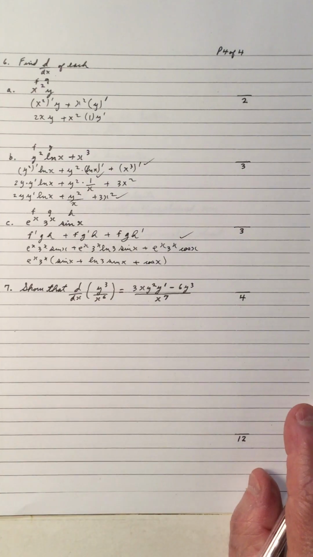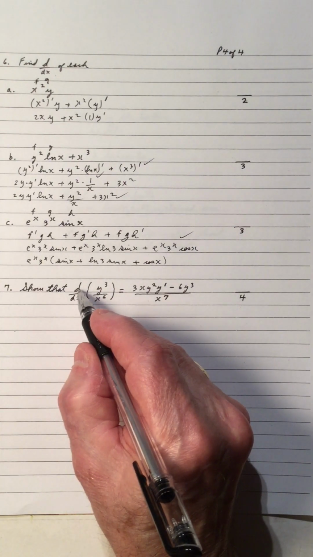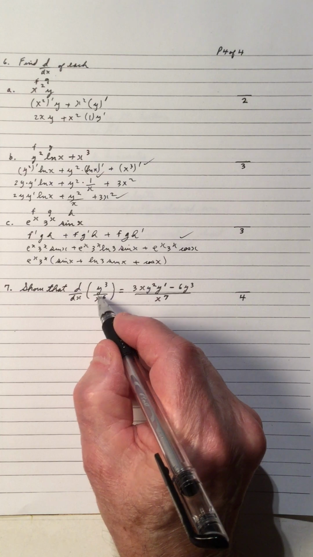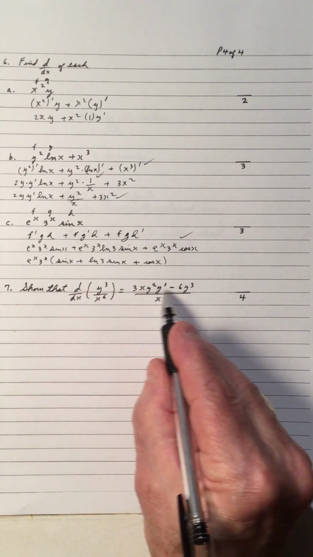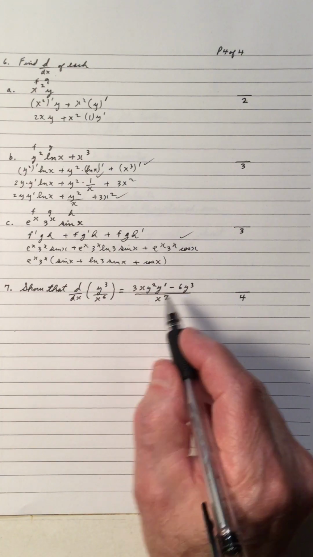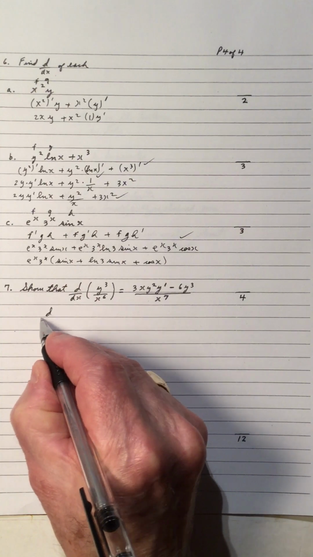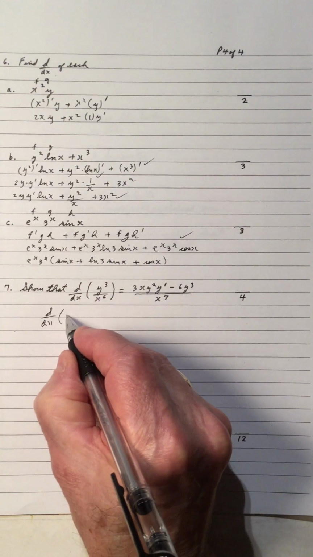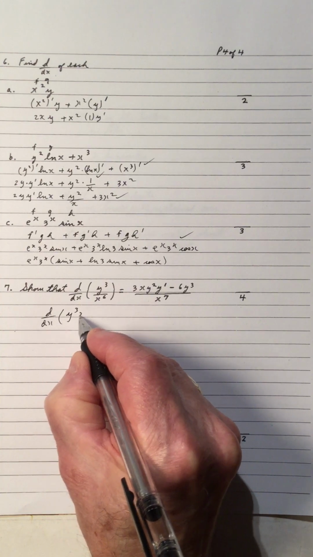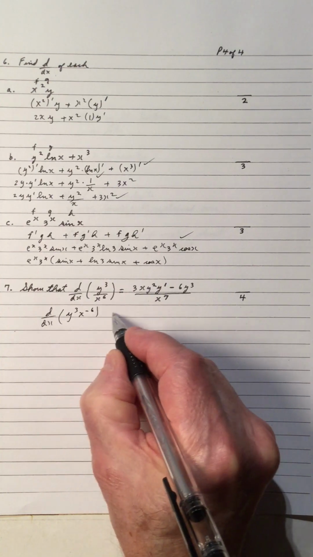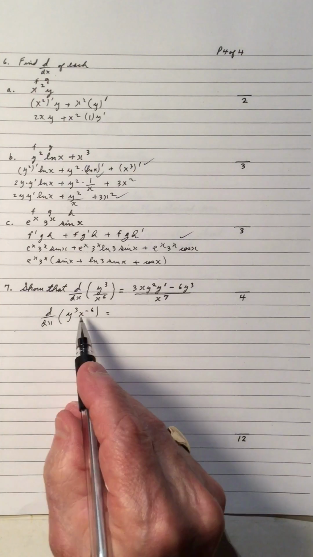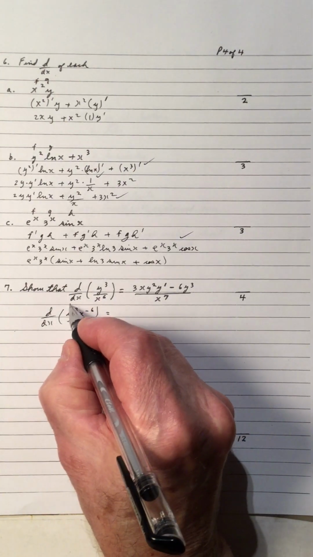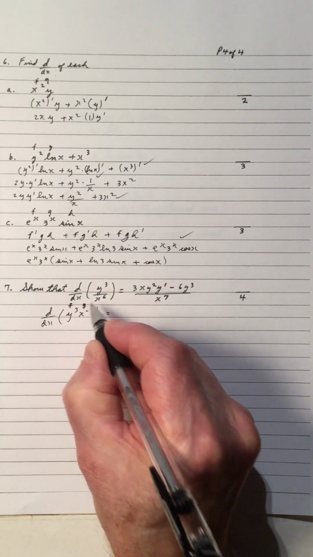Now number 7, show that d dx of this division here is equal to this expression. So before we start, d dx, now we don't know about the quotient rule yet, so we have to go y cubed x to the negative 6. Now that makes it a product rule. So that makes it f, and that makes it a g.